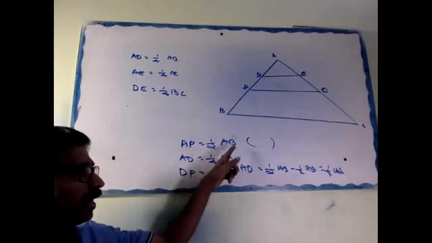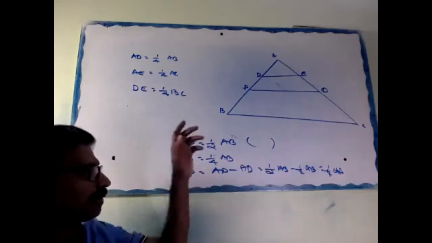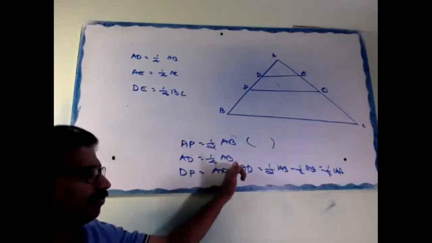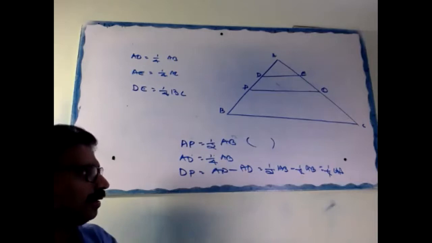AP equal to half AB by marking. AD equal to 1 by 4 AB, given.